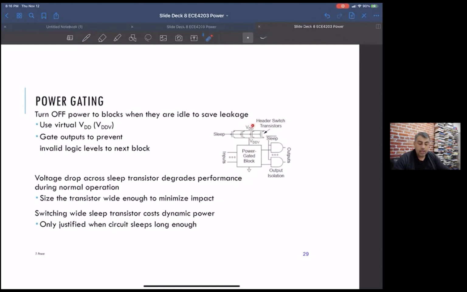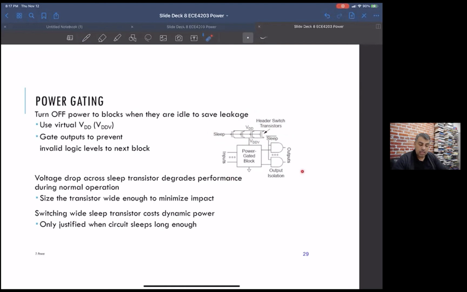You have these in series, so you just have to make sure that these don't affect your VDD too much. Then you have to worry that these have a big drain source voltage across them for long periods of time, so they could have some reliability issues in the long term, but that's not a huge issue. You just have to account for it and size them appropriately.